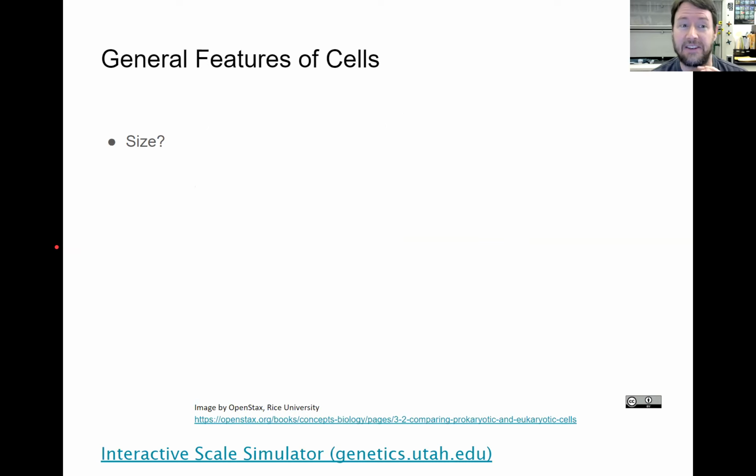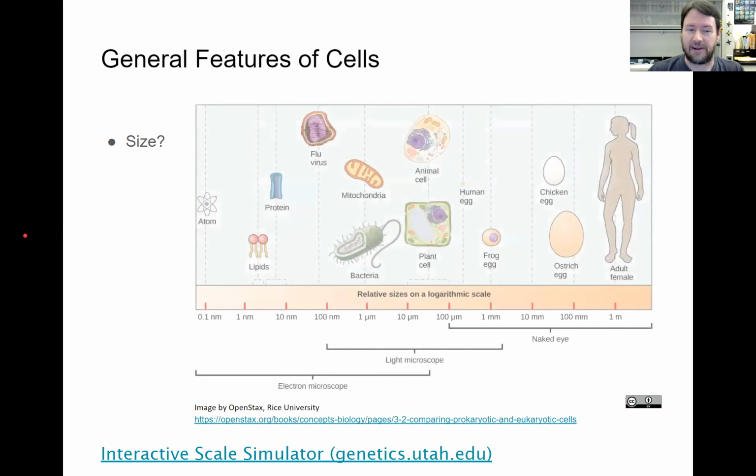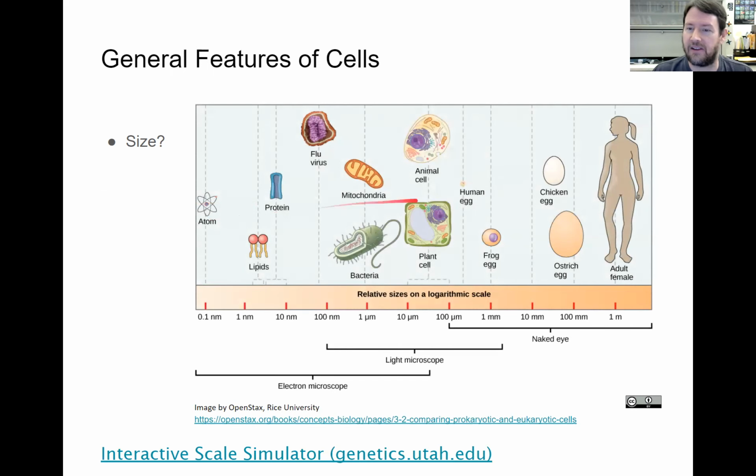Now we're going to get on to the general features of cells. How big are cells? Well, the short answer is usually pretty small. So here's a diagram of some size scales. This is a logarithmic scale. So the smallest things are maybe 1/10 of a nanometer, like an atom.